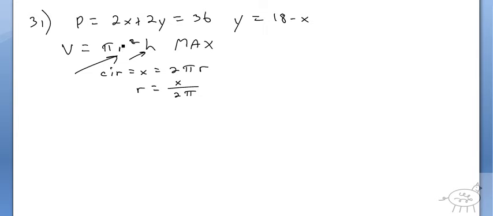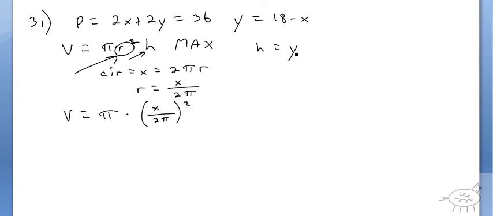So I'm going to substitute that in, and I get v is equal to pi times x over 2 pi squared, and then our height is the same thing as y. They're identical, just one referred to y, one referred to h.